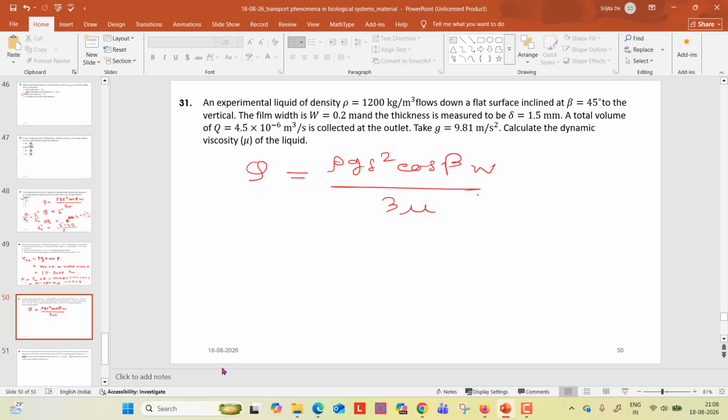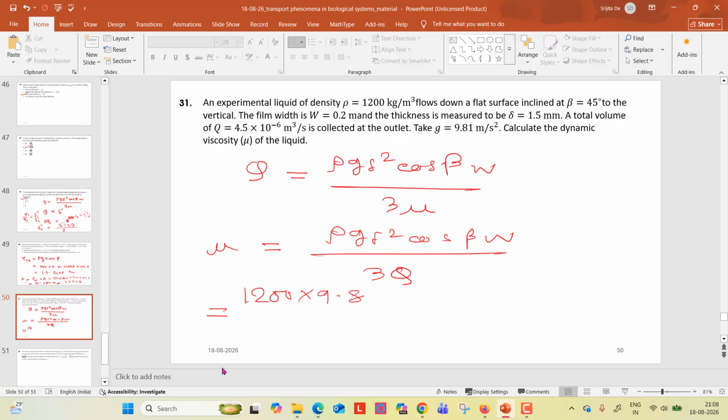Mu will be rho g delta square cos beta W by 3Q. Rho will be 1200 into 9.81 into 0.0015 Q. Yes, it is cube.